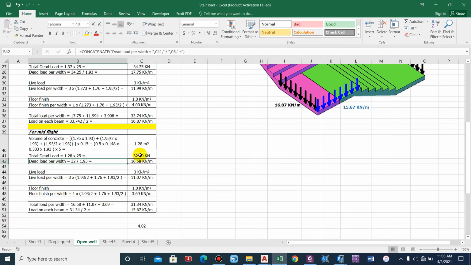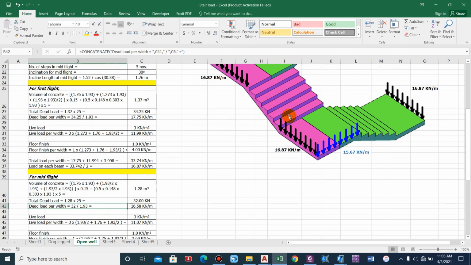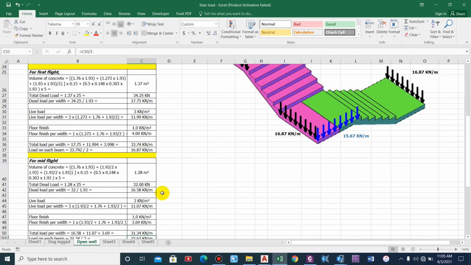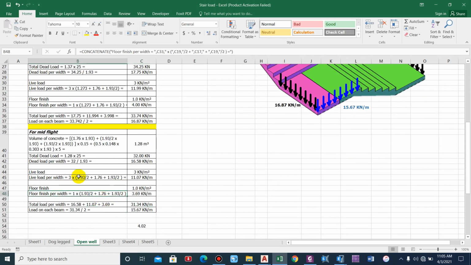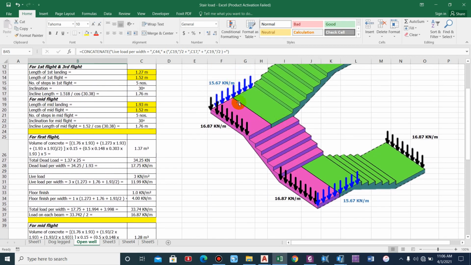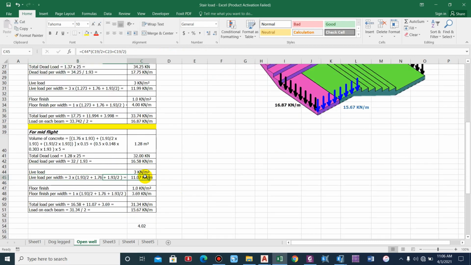Total dead load you can understand now, 1.28 into 25. Total dead load per width of the staircase 1.93, so we get 16.58. So the load on each beam will be 15.67 kilonewton per meter. And remember live load per unit width 1.93 divided by 2, half of this, plus flight half of this. So in this way you can compute the total load 15.67.